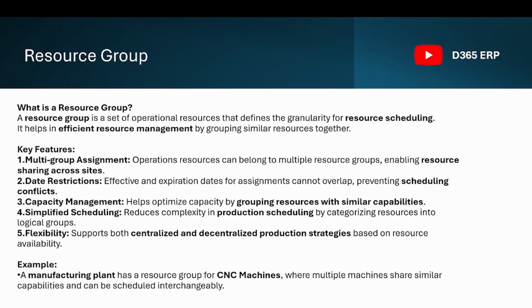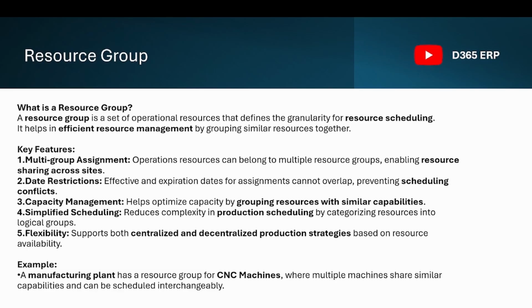So in the production cycle, instead of assigning each resource individually, we create one resource group, tag those 4 resources in that particular resource group, and assign this resource group to this production. To keep this simple, resource groups are created.